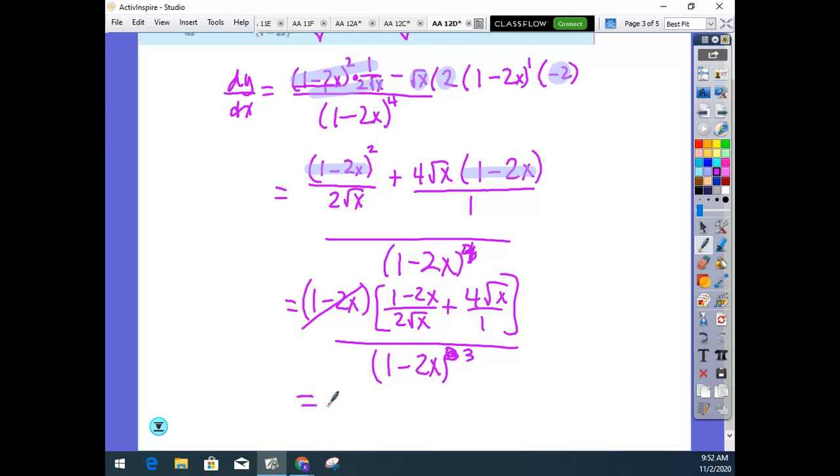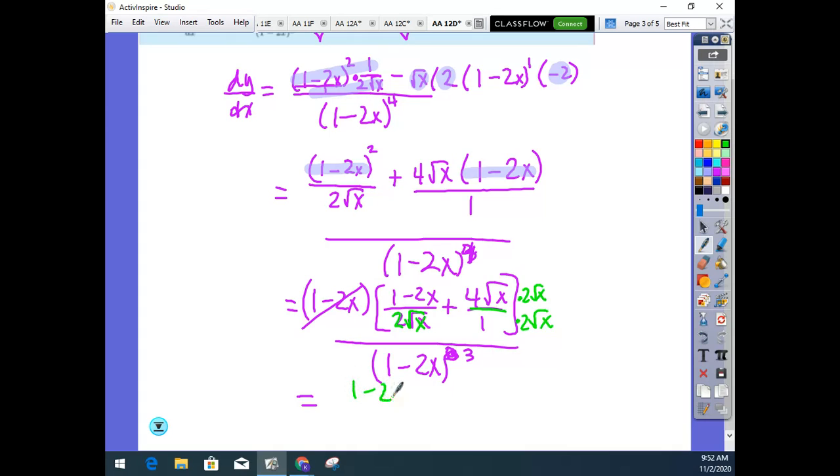And then I want to get a common denominator here. So my common denominator is 2 square roots of x. So I'm going to multiply top and bottom over here, getting a common denominator.